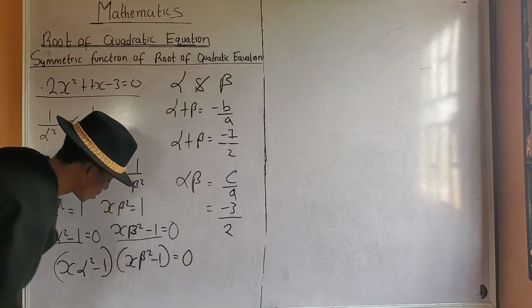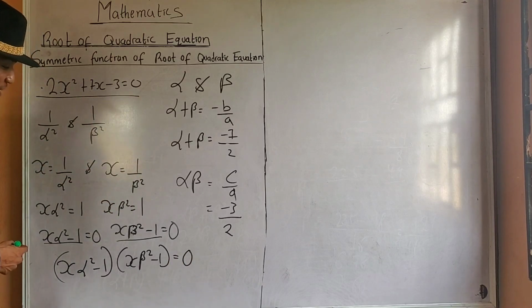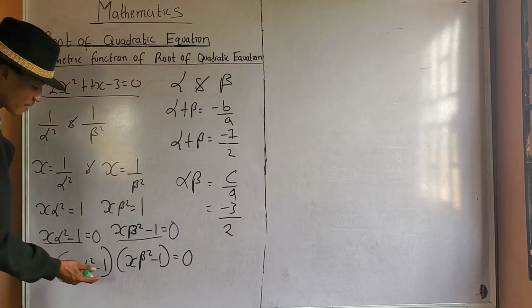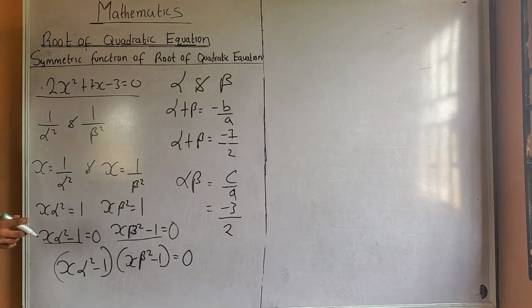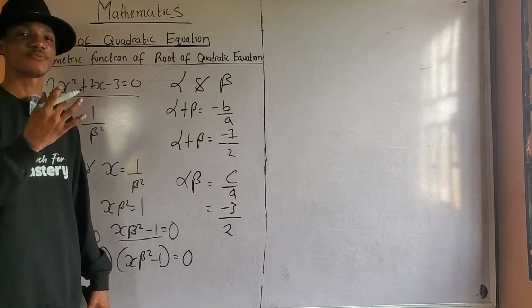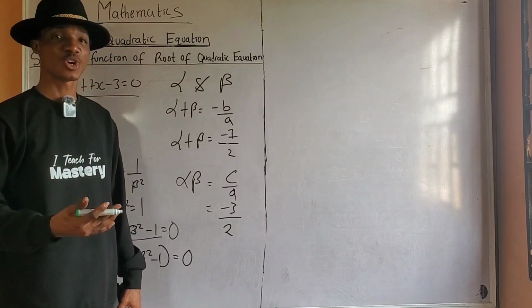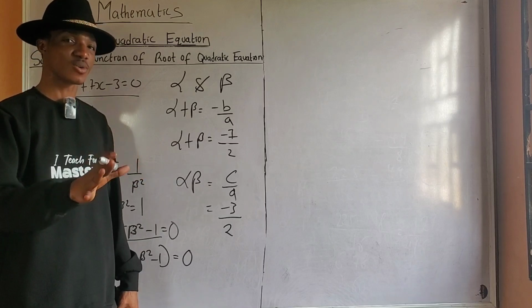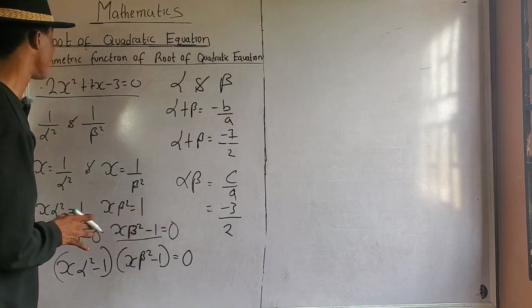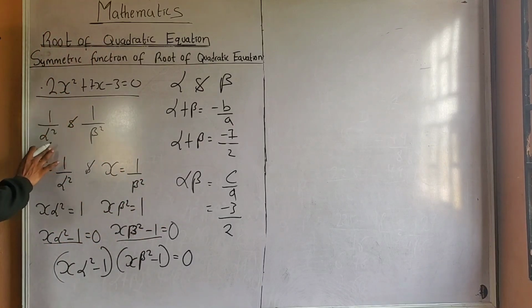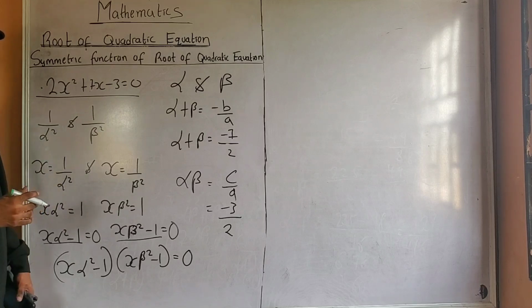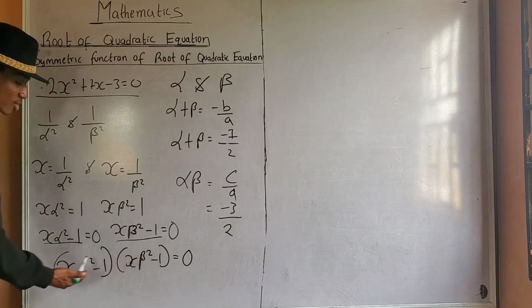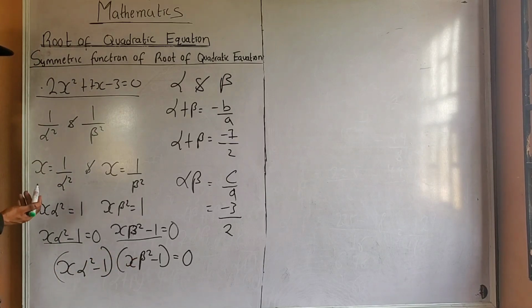This will be equal to what? 0. Okay, now I'm going to take the product of these factors, because when you take the product of the factors of a polynomial equation, you're going to have the polynomial equation itself. Is that not it? And since our goal is to find the equation whose roots are the inverse of alpha squared and the inverse of beta squared, taking the product of these factors will give me the quadratic equation, right?